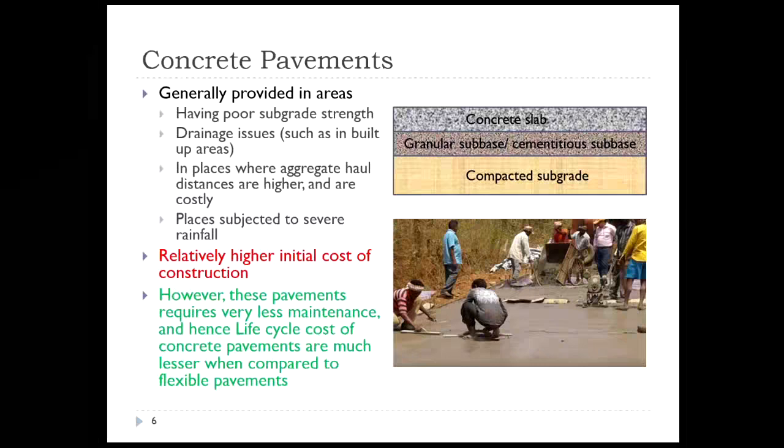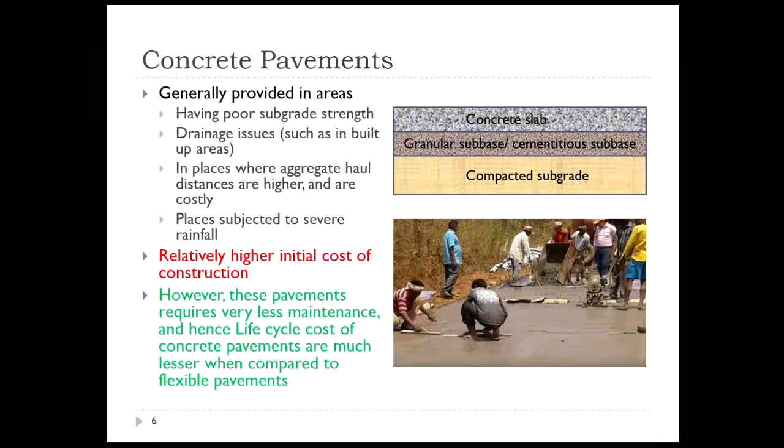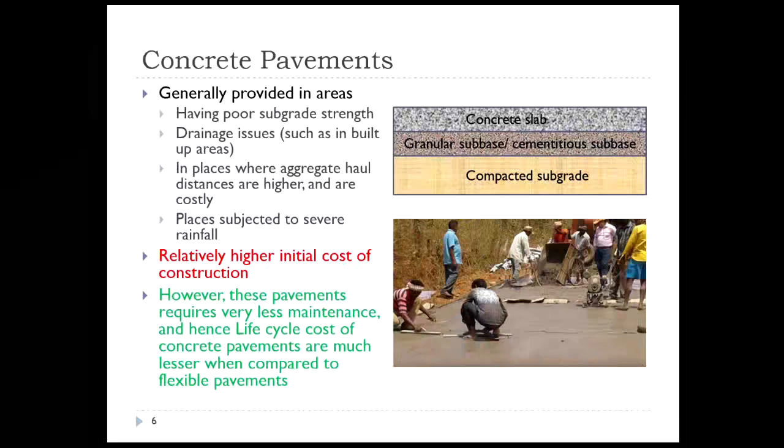Because of this feature, people prefer flexible pavements over concrete pavements, citing mainly two reasons. The first reason is the high initial cost of concrete pavements in comparison with flexible. The second reason is that in the case of flexible pavements, I can go for stage construction, which I cannot do in the case of a concrete pavement.